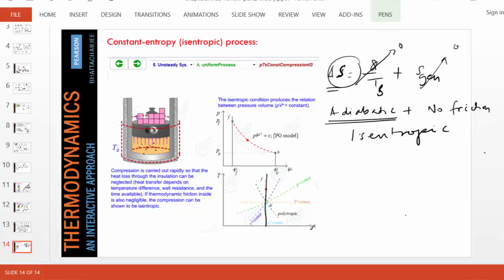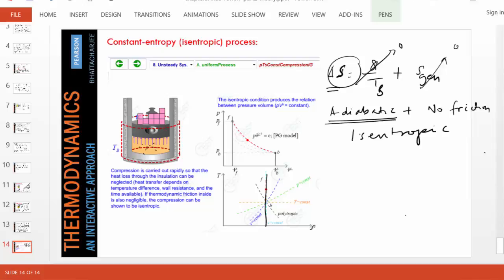When a gas is compressed or expands, changes take place throughout the gas at the same time. So there is not much difference from point to point. And when there is no difference from point to point, there is less friction. So no friction is also a good assumption in this kind of situation. So it turns out whenever you see a gas expanding very quickly or contracting very quickly, then entropy remains constant.